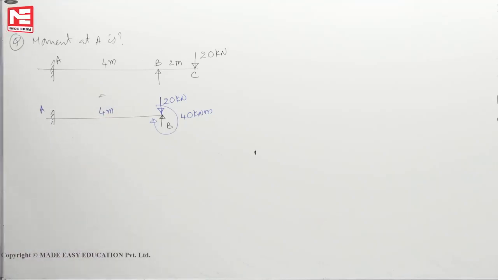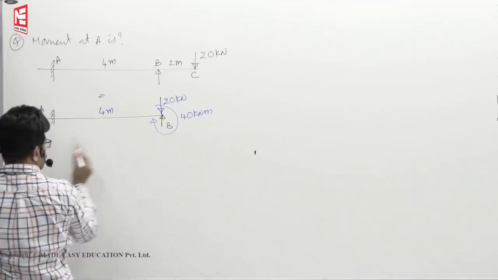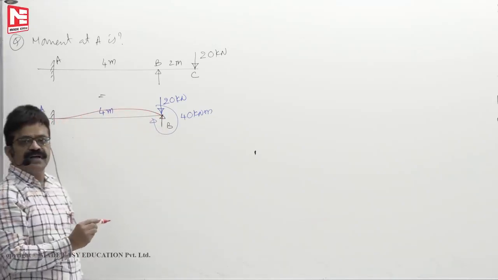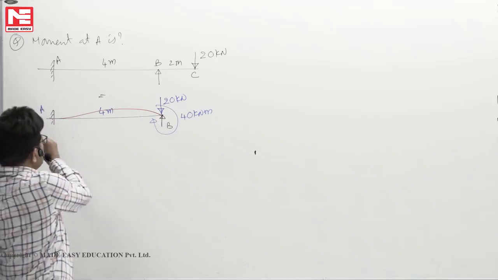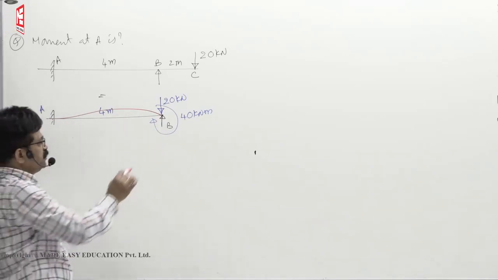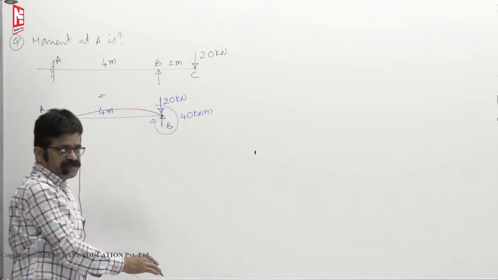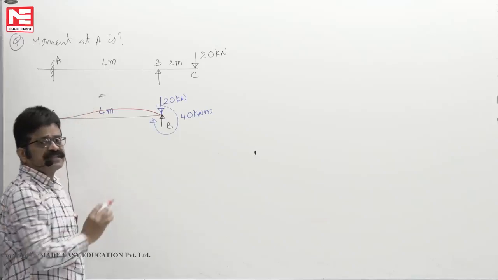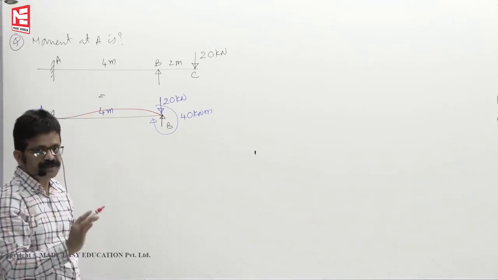Due to this load and moment, the deflection profile is like this. As I told you earlier, whenever you see this type of deflection profile, half the moment is carried over, that's all. This 20 directly transfers to the support B. This 20 has no influence on the beam, it directly transfers to the support.